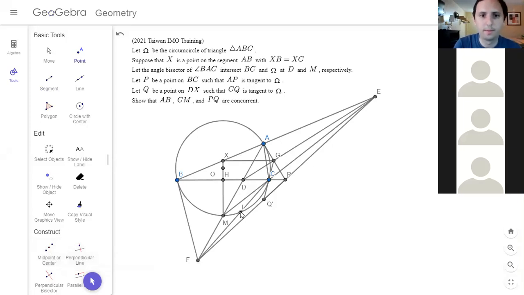So I'll call it I. So PFQ prime E is the same as BIC, BICM.